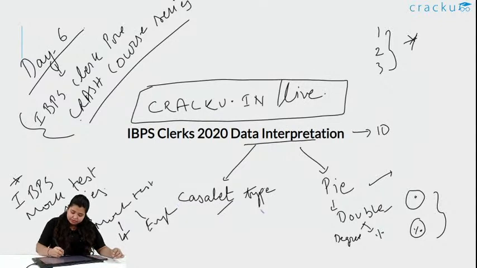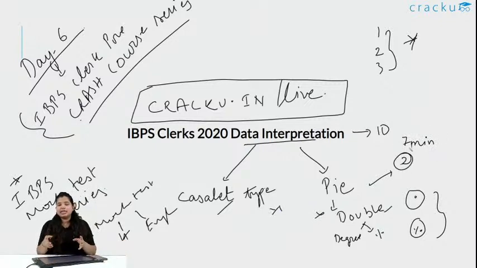And to solve these DIs, you will be given 7 minutes, the initial 2 minutes so that you can read the DI and extract the data, or whatever is important, and the other 5 minutes you can take like one question, 1 minute. There are 5 questions in one set of DI.